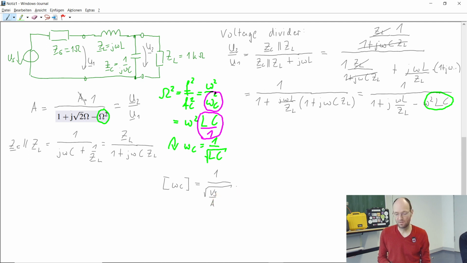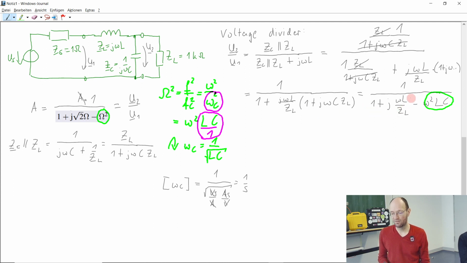This is Henry. And the unit of the capacitance is ampere second per volt. This is farad. And so the amperes will cancel each other, the volts will cancel each other. We get seconds squared, and the square root of this is 1 over second. So this nicely makes sense. Okay. So we know our corner frequency should be 1 over square root of LC.